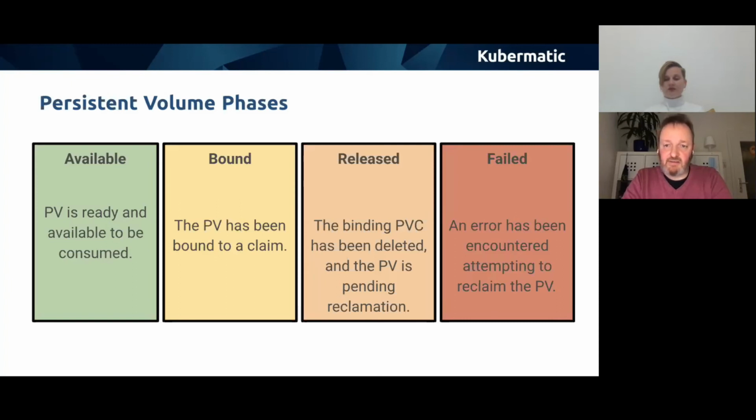And then the last part, which we don't want to have, is a kind of error state. Surely each system can have an error, and the system stays in the error state because a reclaim doesn't work.